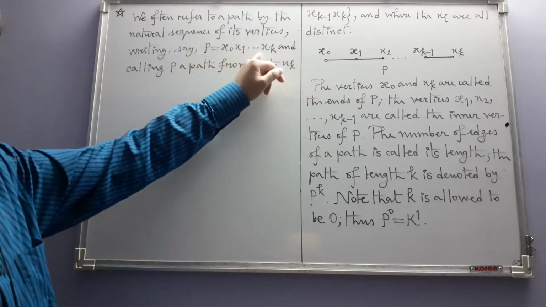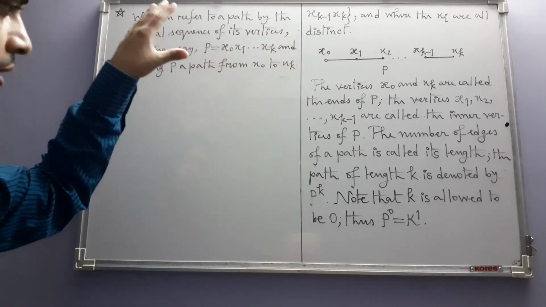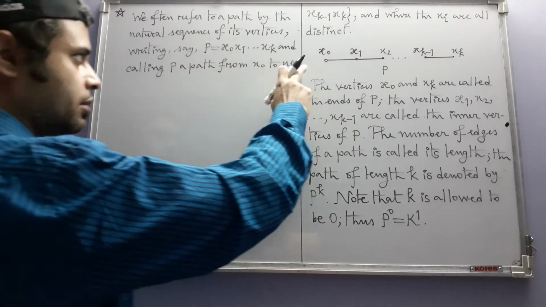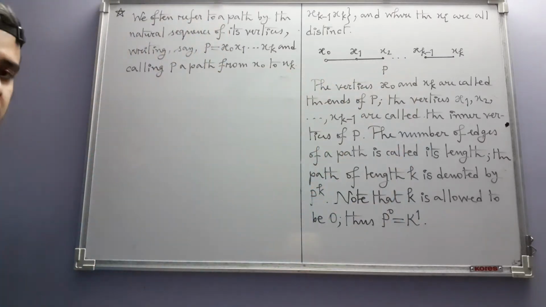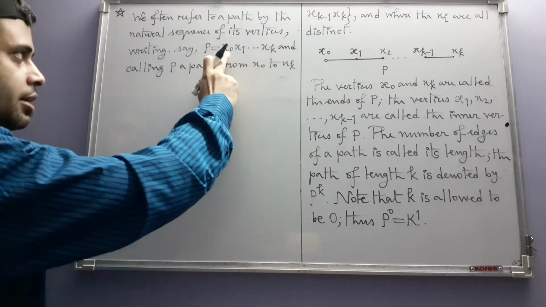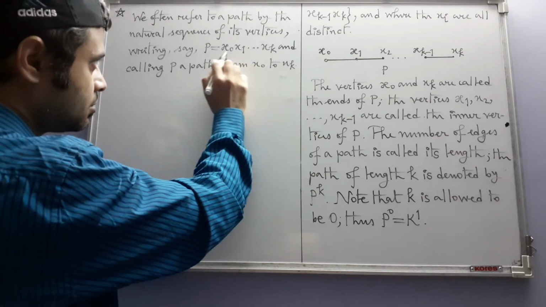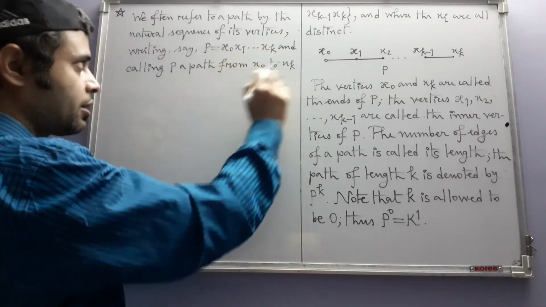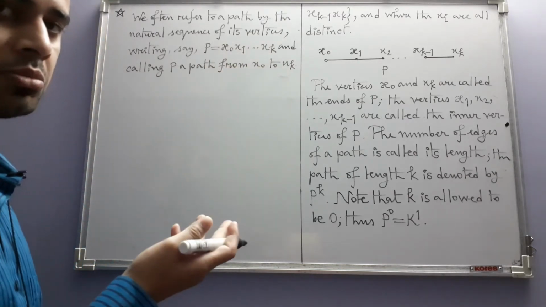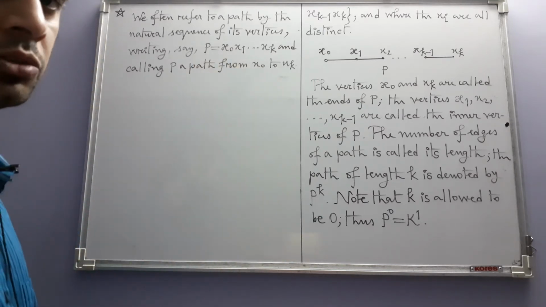If we see anything like this, where these x0, x1 up to xk are distinct vertices, then that means it's this path. So the natural sequence in which the vertices are appearing in the path is used, and we understand that these are the vertices, and vertices adjacent in this list are adjacent in the graph. x0 is adjacent to x1 because it comes just beside x1. They are adjacent in the graph, that is, there is an edge between them.